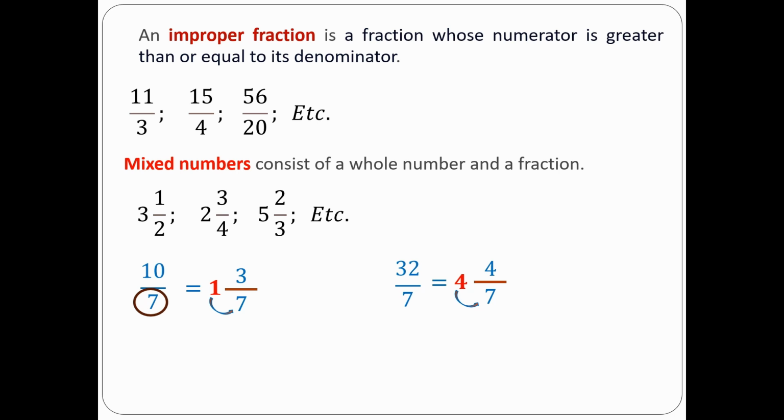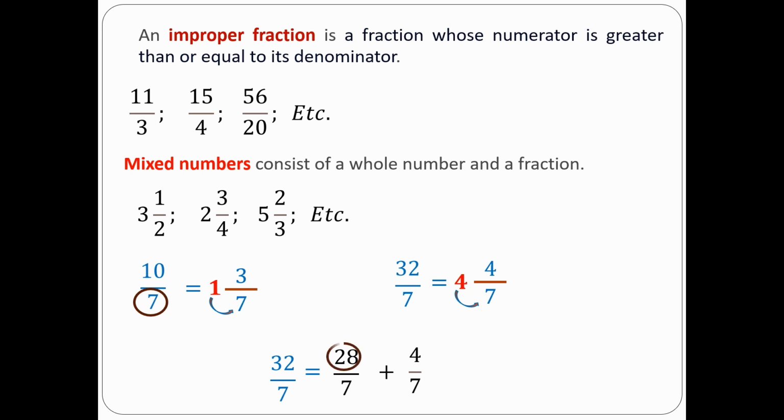Now for those of you who want to show your work, here's how you can do it. Let's use again the 32 over 7. We can break that into 28 over 7 and 4 over 7.